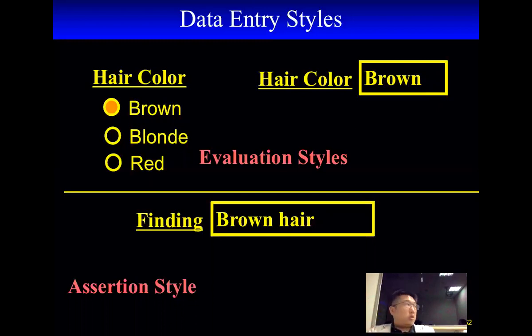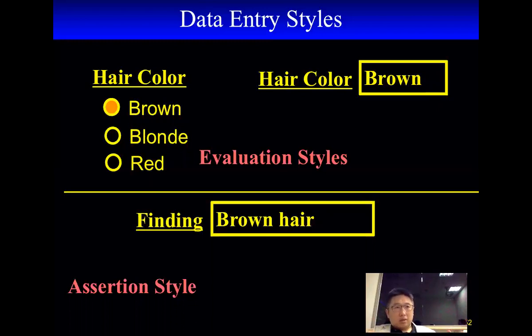Because sometimes we don't know what kind of bacteria, so we just do the culture test. The first style is more like an evaluation: we are interested in whether this one is Salmonella or not, so the test just gives me the result, Salmonella positive or negative.